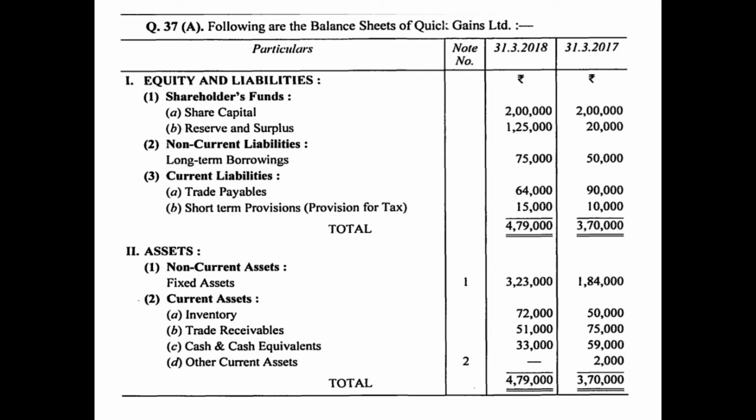So that means 1,05,000 will be the profit with which the working for net profit before tax will start in the working note. Then the next one is long term borrowings. Again, no note number is given; simply it is given that last year it was 50,000 and current year it is 75,000. That means there is an increase in long term borrowings by 25,000 rupees.